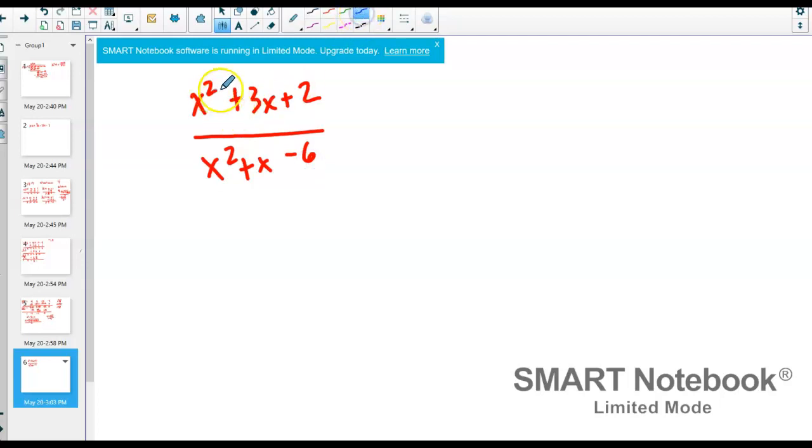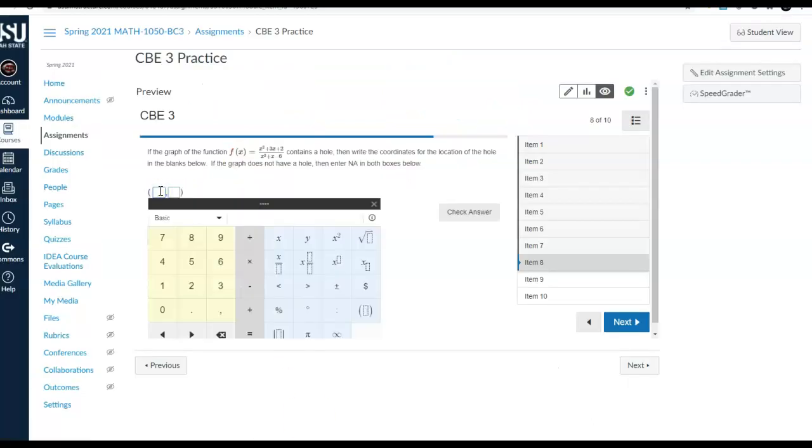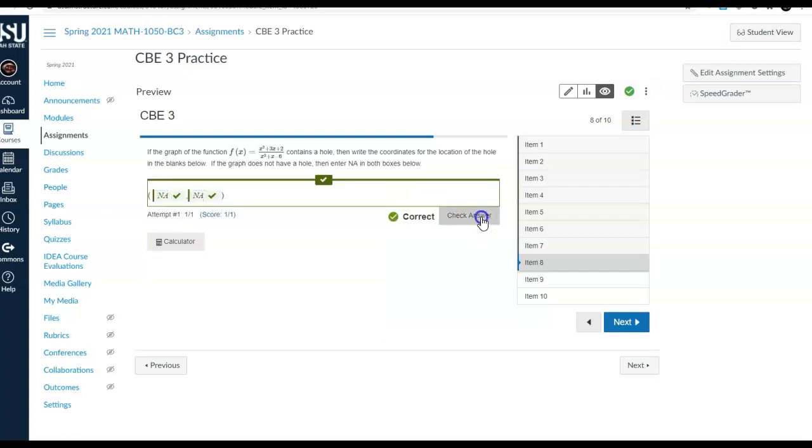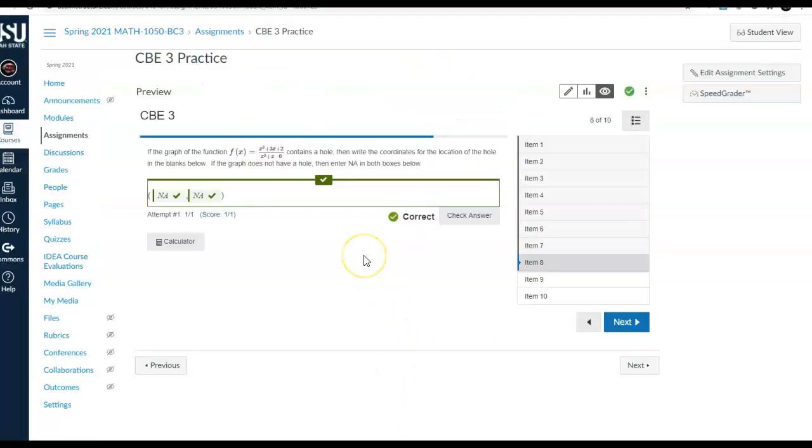When I go to factor this, my numerator is going to factor to x plus 2, x plus 1, and my denominator is going to be x plus 3 and x minus 2. So I don't have any repetitive factors, so there's going to be no holes in this one. So we're going to go NA and NA for this one. Only when you have repetitive factors, and that's where your value is going to be.